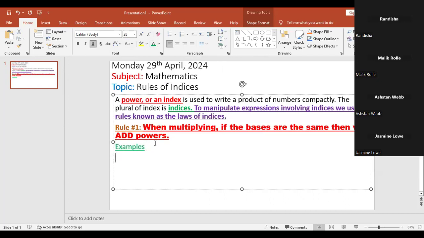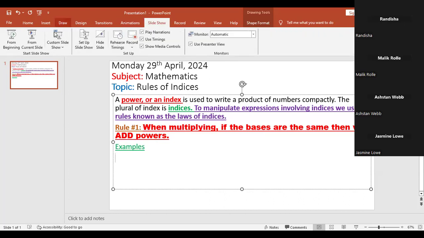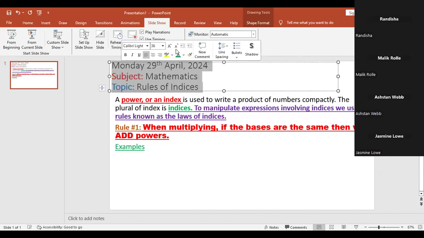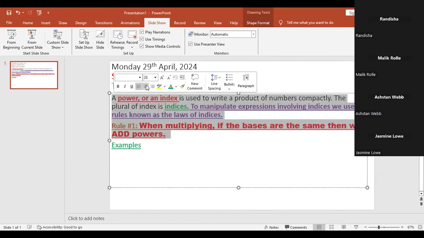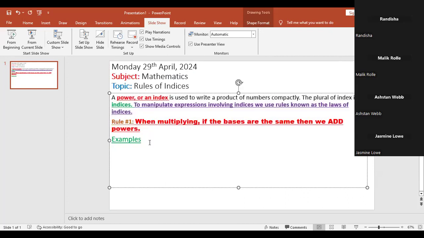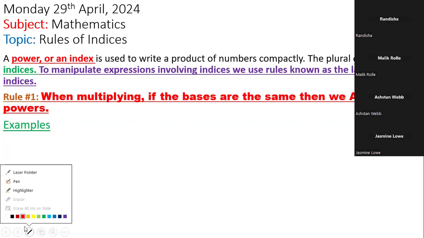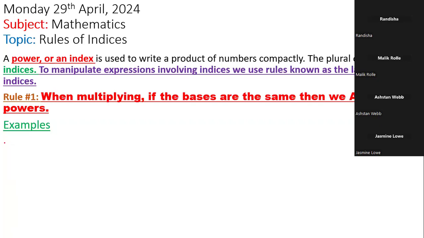Let's look at example number 1. Let's say that we have a to the power of 3 multiplied by a to the power of 2.